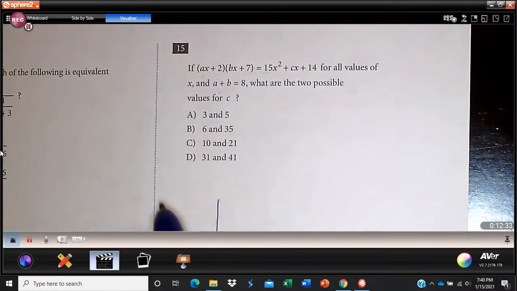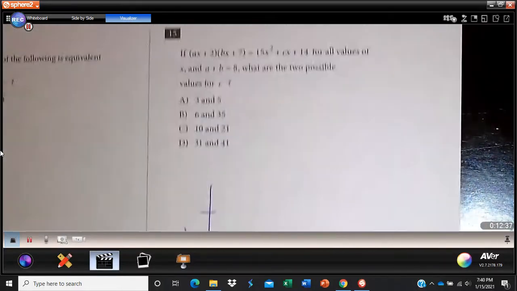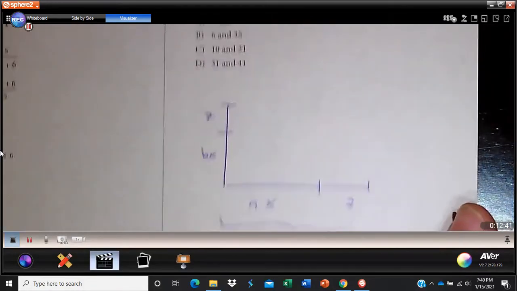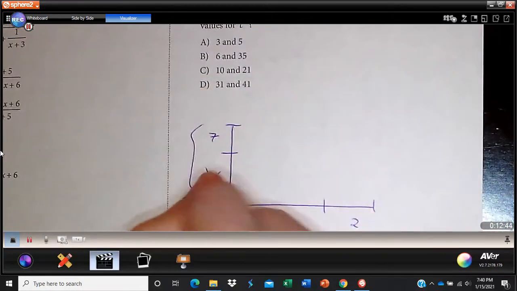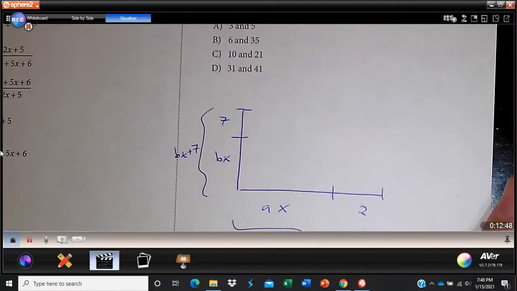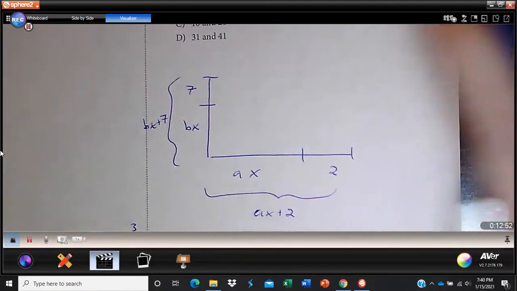And then we have bx. So let's call this length bx. And then 7. So let's call this 7. And so this whole side is bx plus 7 in length. The reason I said this is the Greek way of doing it is the Greeks interpreted everything geometrically.